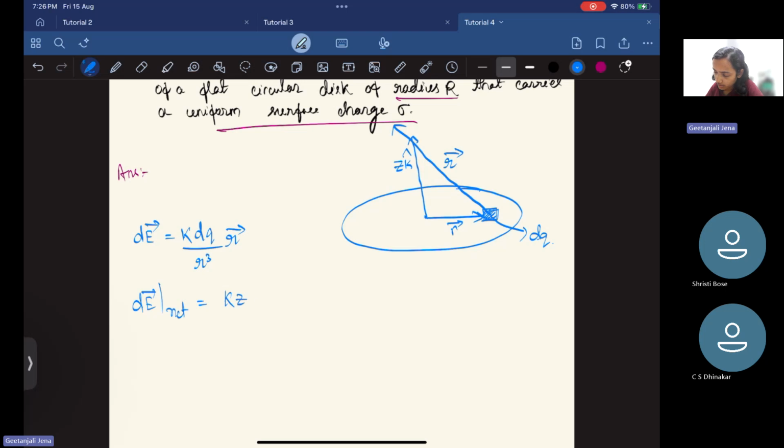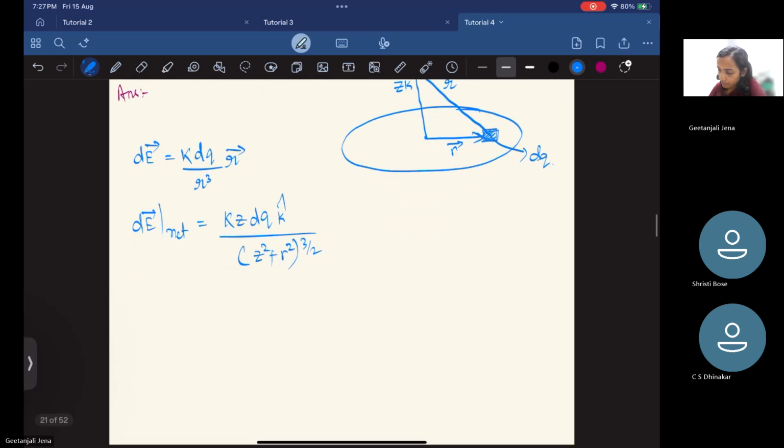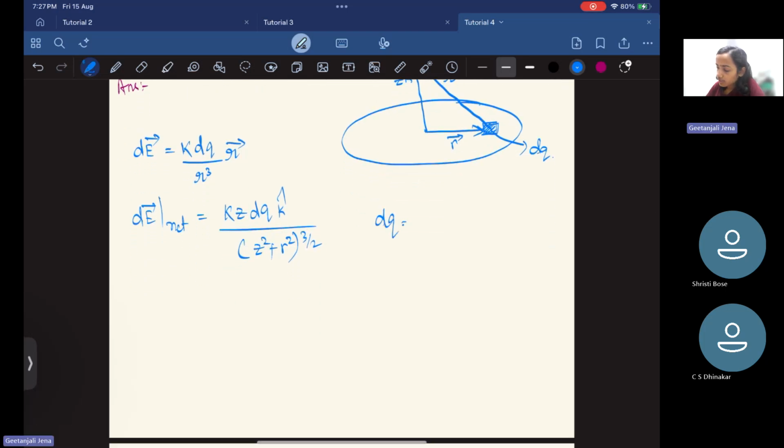This k z dq k cap by r cube is similar to what we have seen in the previous question. This is z square plus r square to the power 3 by 2. And dq will be sigma dA, right? Sigma dA will be sigma r dr d phi.